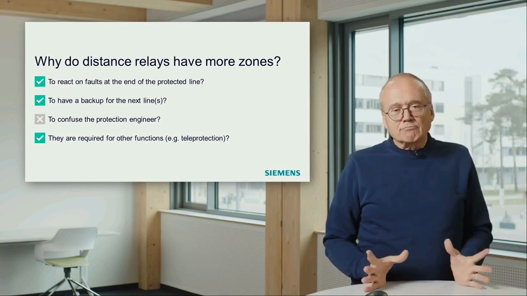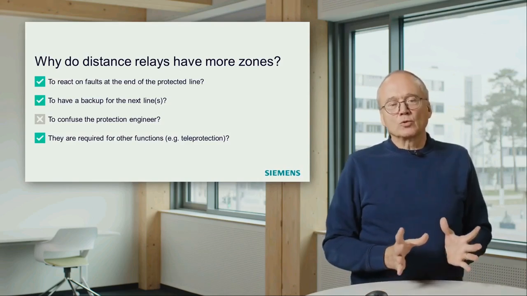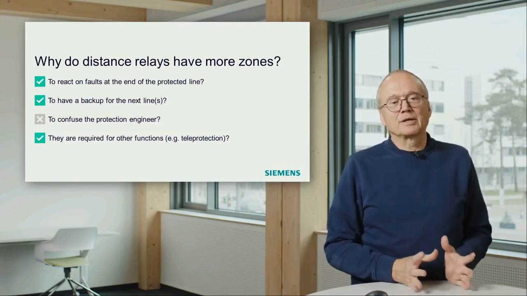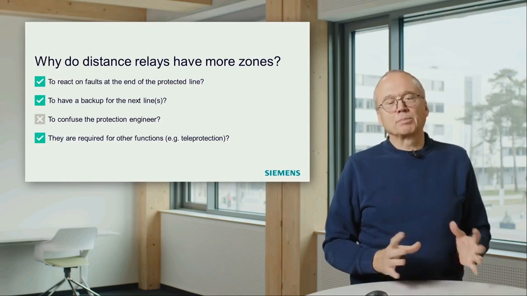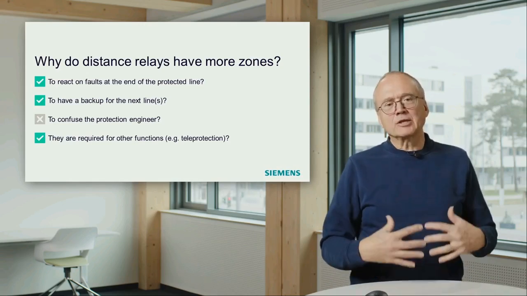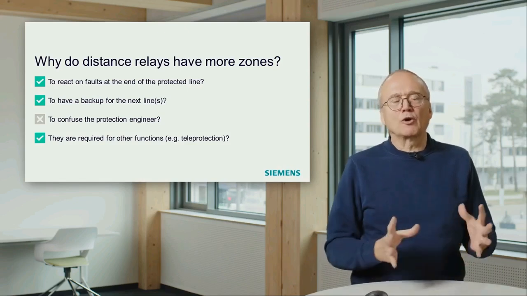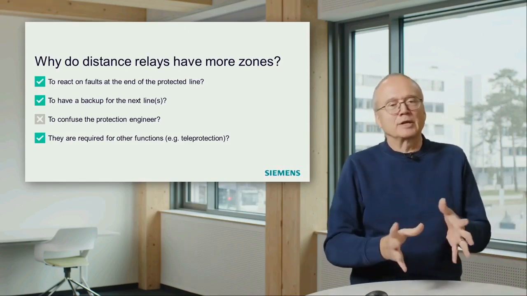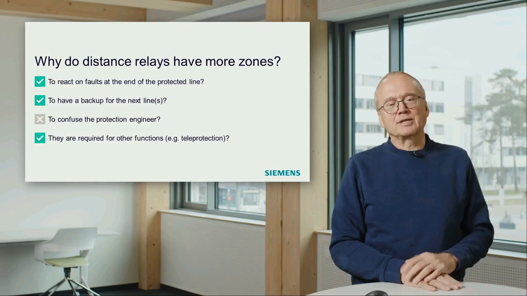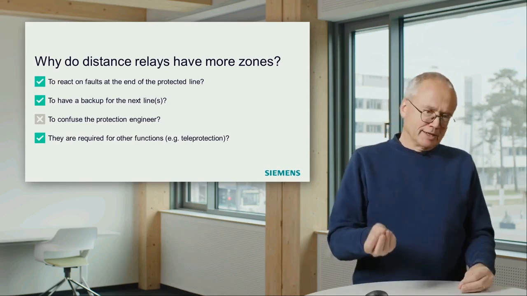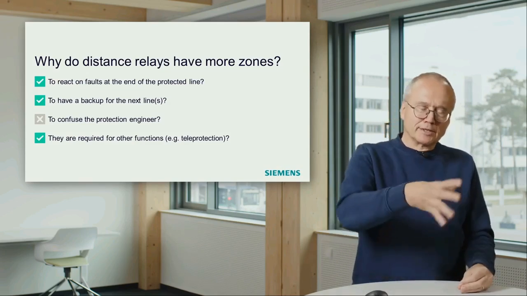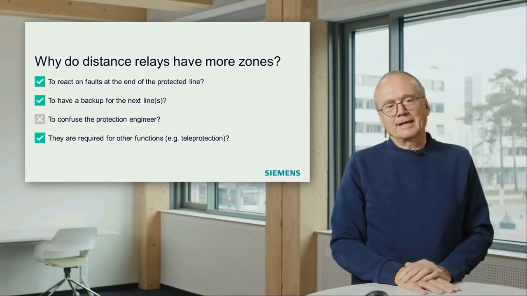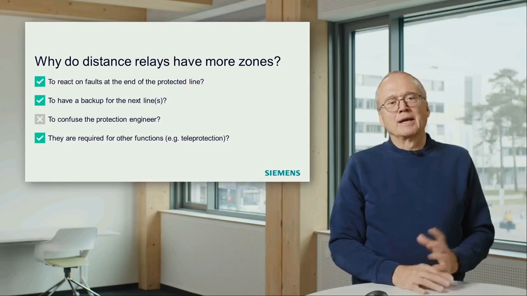Just based on the principle, you need a lot of parameters to do that properly. And then you have worldwide a lot of flavors and different special applications which sometimes need an additional timer here, an additional corner in the characteristic there.